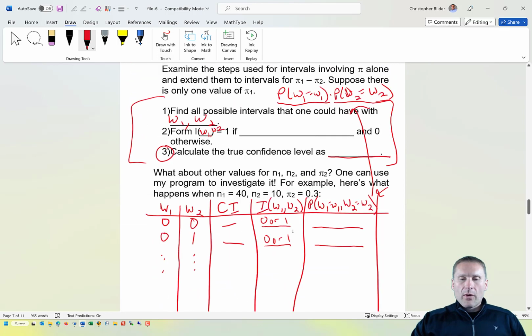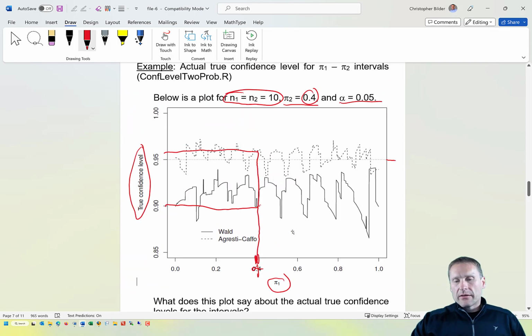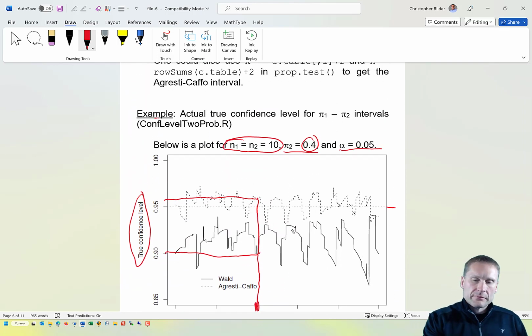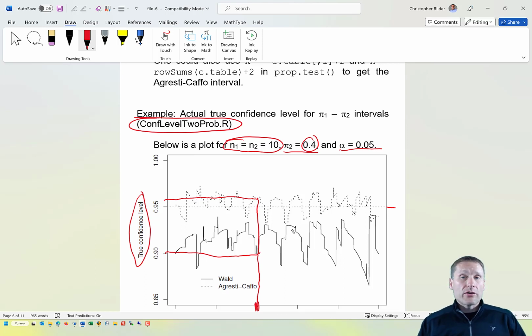Okay, now one thing that I want to come back and mention here. How I actually did this plot in R is in my program conf level 2prob.r. I want you on your own to run through that set of code.